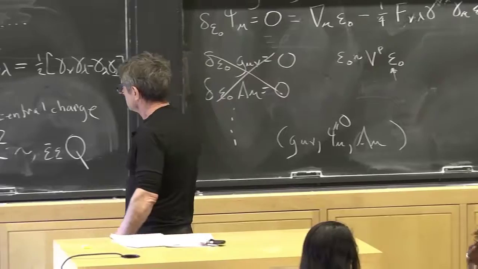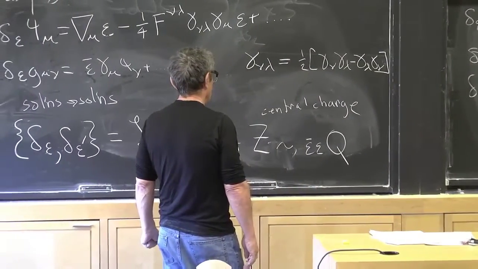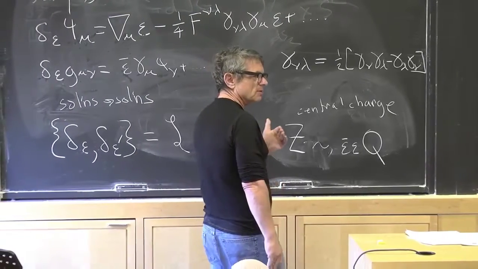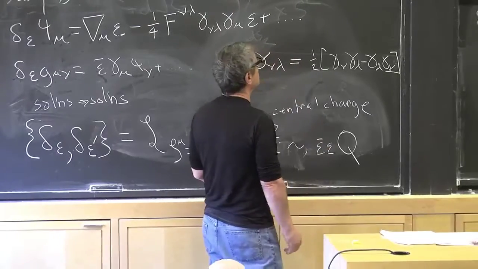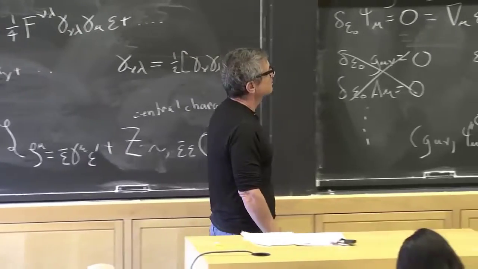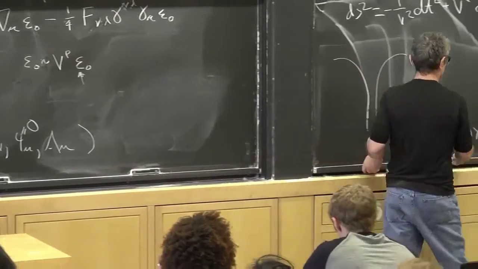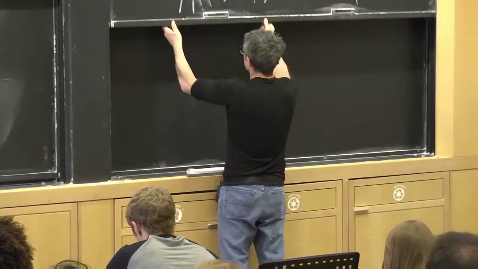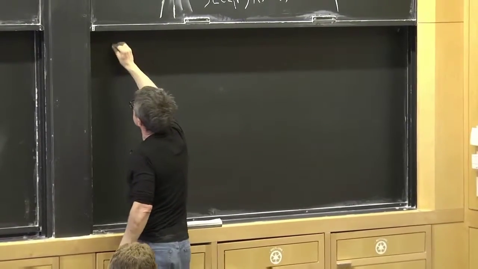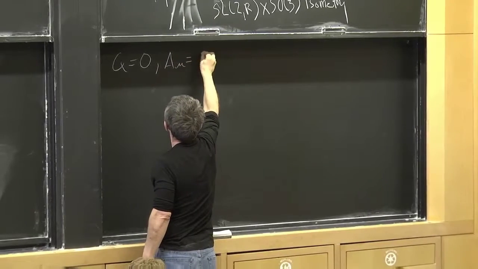Okay, so let's suppose that there aren't any charges around. Let's think about just q equals 0, and let's also take mu equals 0.